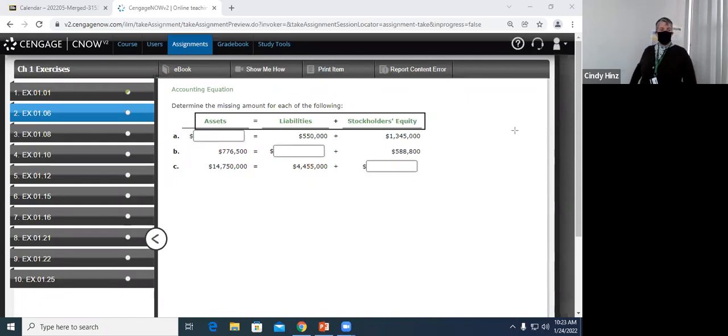So what I just boxed in is known as the fundamental accounting equation. So what does it mean if something's fundamental? Like the foundation, right? It is what underlies everything we do. I will put this on the screen for the next few class periods, probably just to remind us.